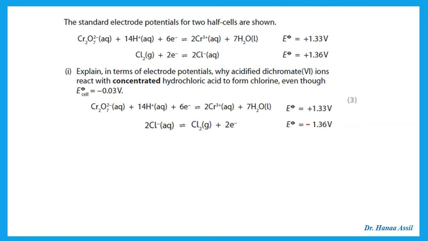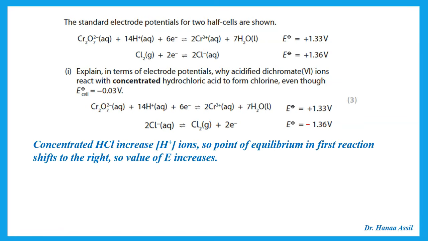So if we add all of this, the E cell of plus 1.33 minus 1.36, the overall is a minus 0.03.